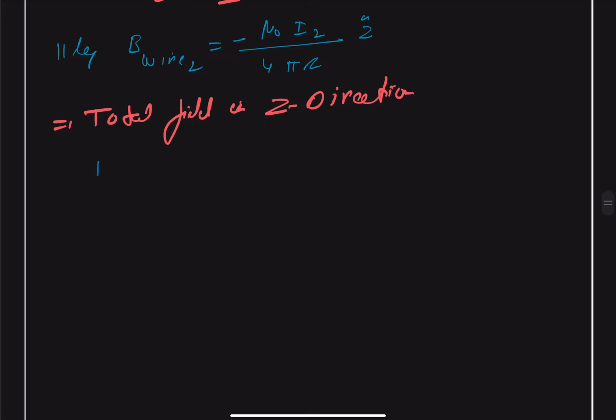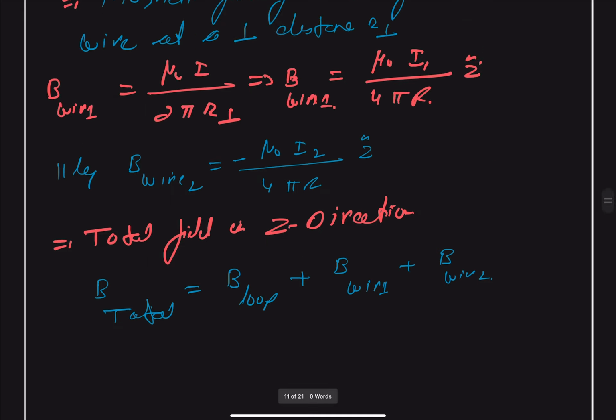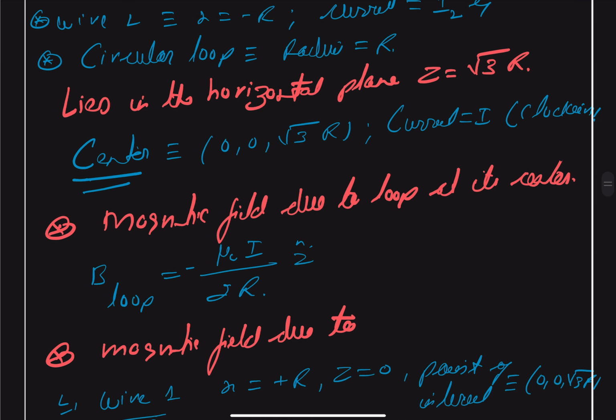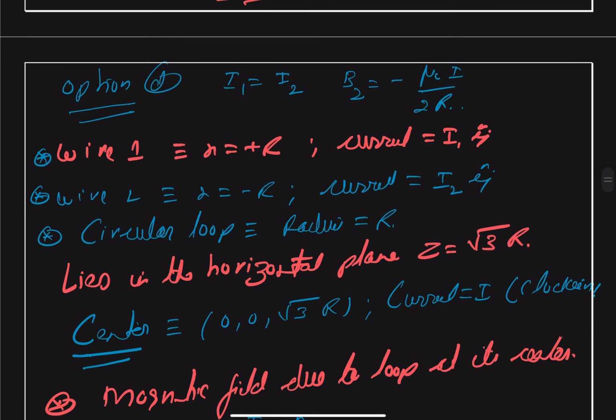So we can write B total, which will be because of the loop plus because of wire 1 plus because of wire 2. And it says that the currents I1 and I2 are equal.